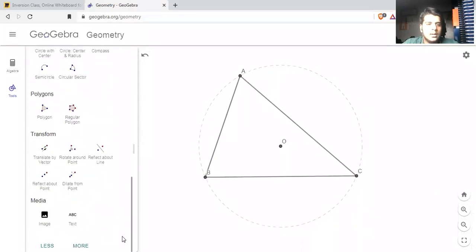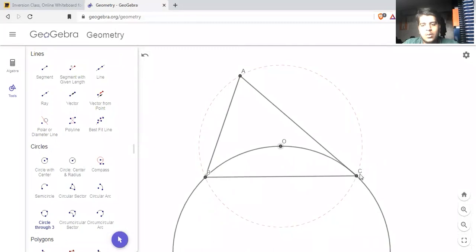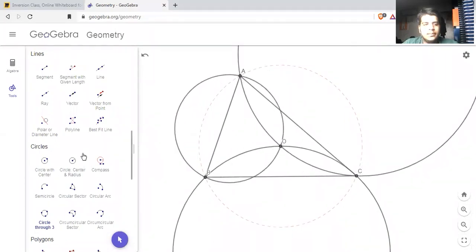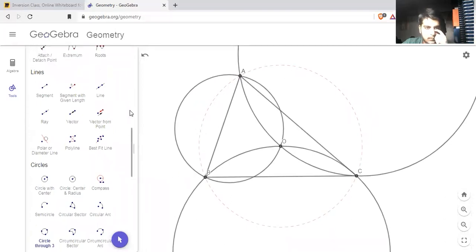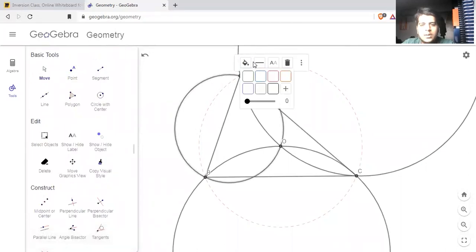We are given the circles OBC, OCA, and OAB. I'll consider them in different colors.